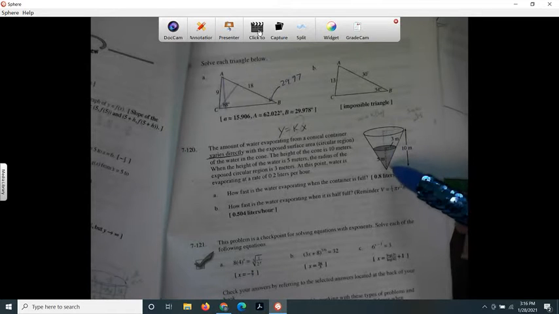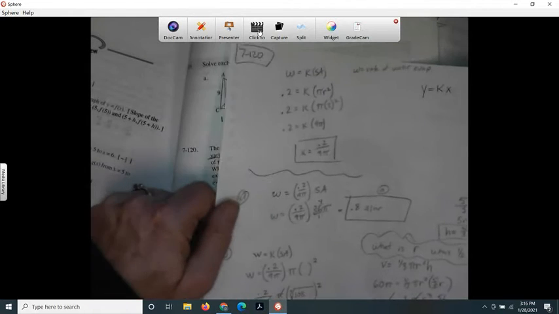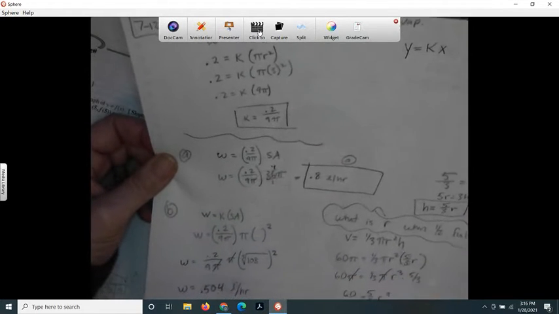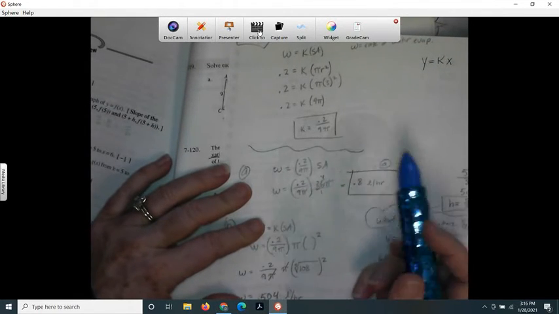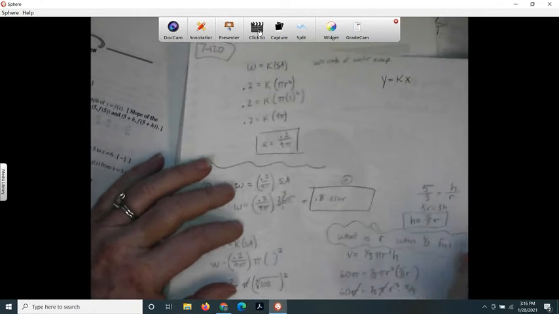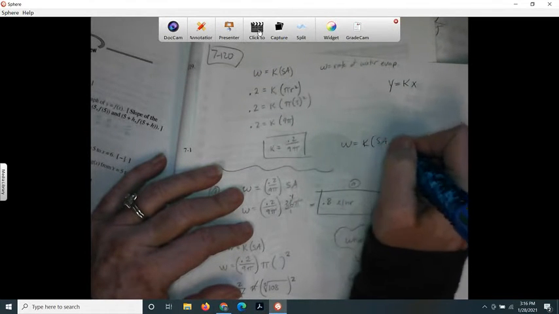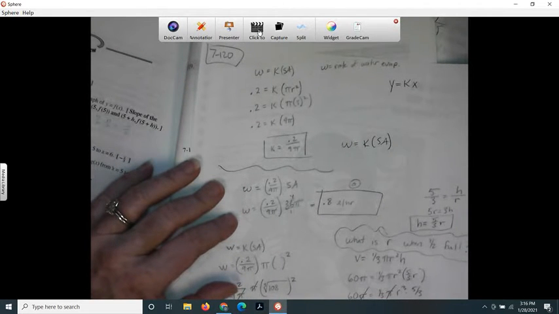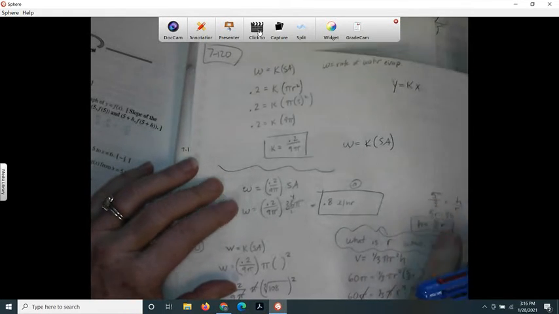So when the height is 10, the radius is 6. That's where I'm getting this 6 from. We know that W equals k times surface area, and they want to know how fast the water is evaporating when the radius is 6, because they're asking about when the container is full.